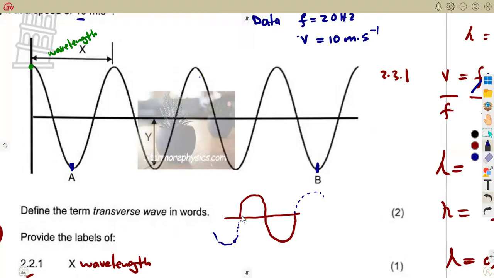If you are starting from this point to this point, it's a half. What is important is for you to complete it with another section like this, to call it a complete cycle.